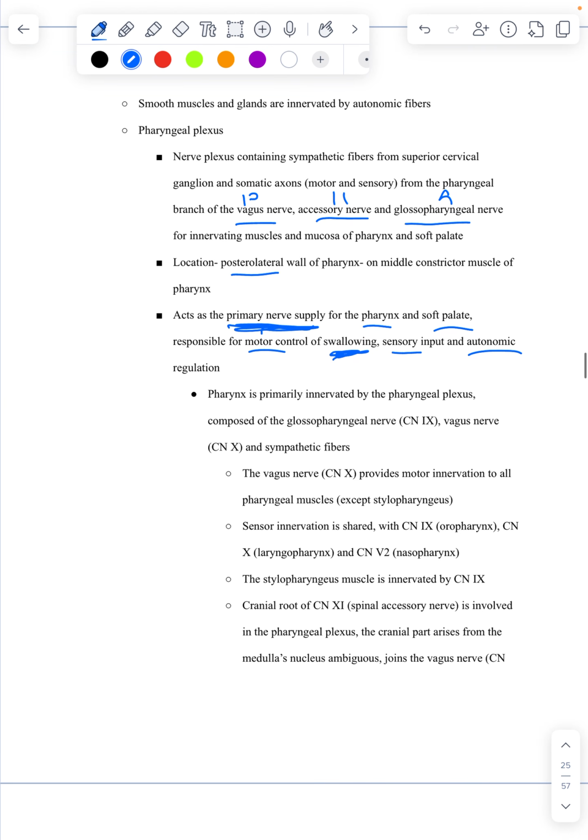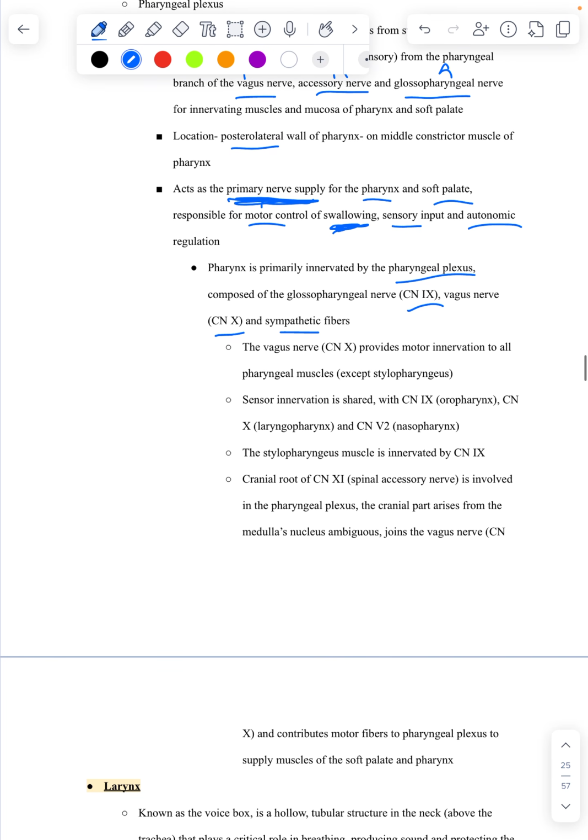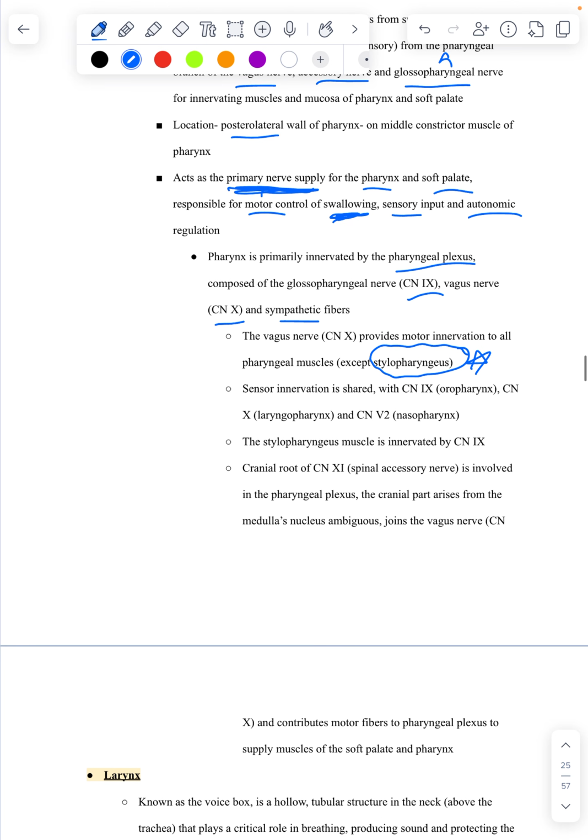The pharynx is primarily innervated by the pharyngeal plexus, which we keep saying, and then 9, 10, and some sympathetics. Vagus nerve provides the motor innervation to all of them, except, again, the stylopharyngeus. This was the exception we just talked about. Sensory innervation is shared between 9, 10, and V2.